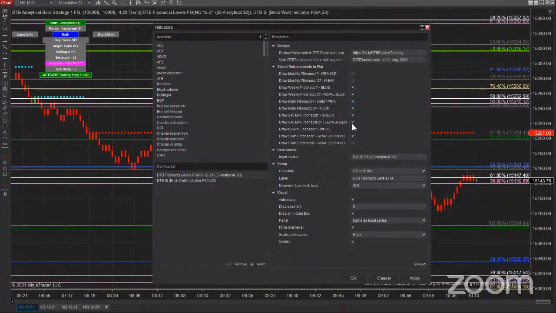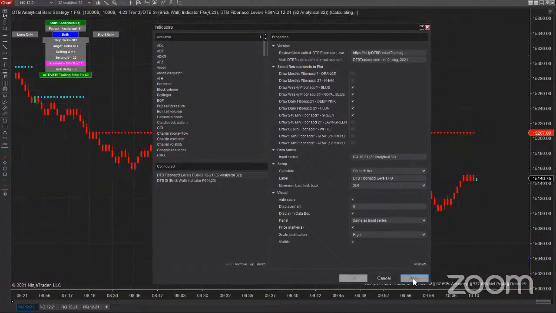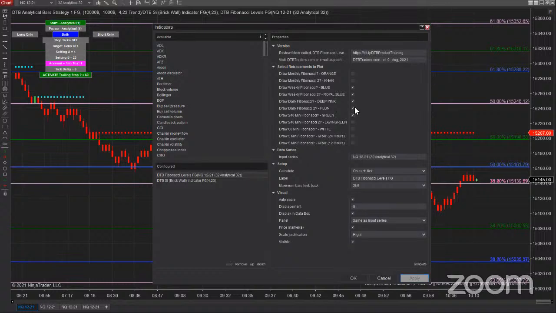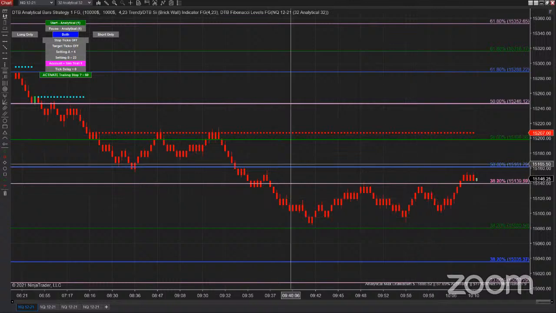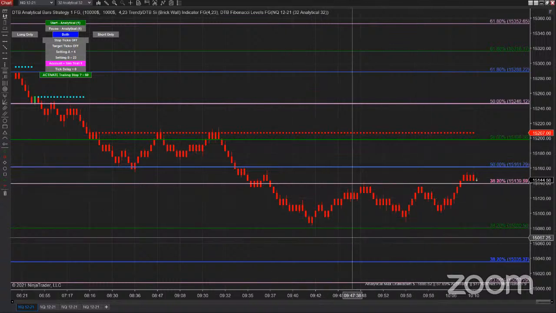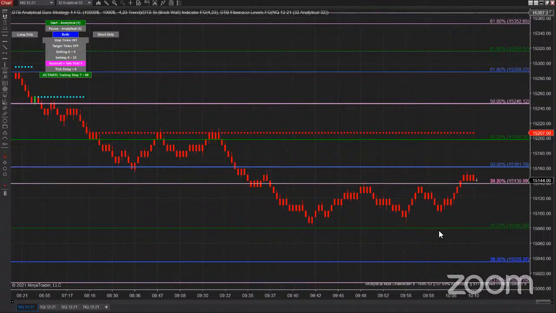The green we'll leave. We'll take off the hourly and the 5-minute. So just by selecting a few of these levels, you can neaten up your chart a little bit too. And this is where you can start looking at some manual types of entries also.